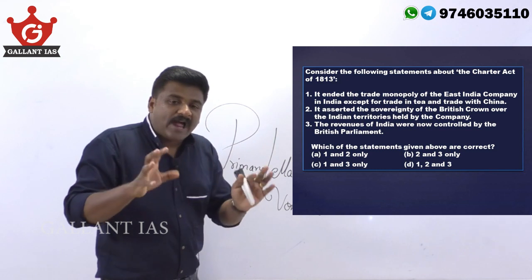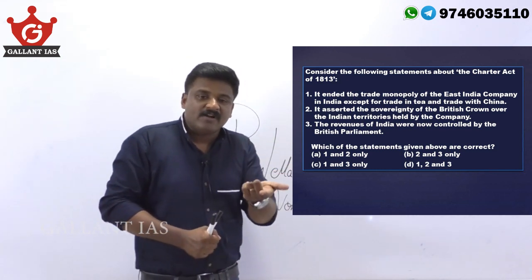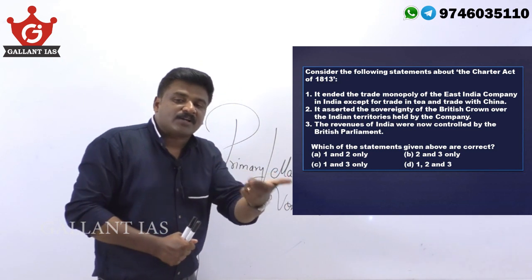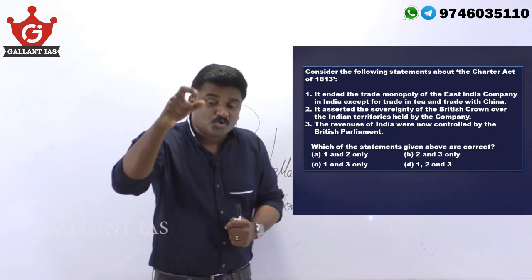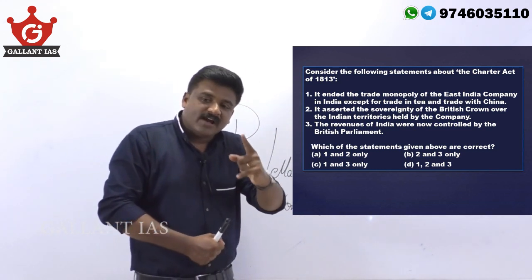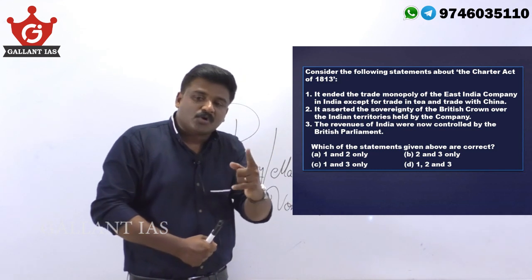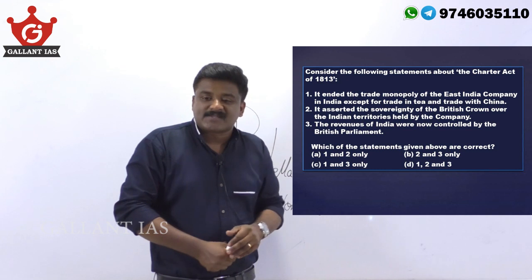That direct control happened only with the Government of India Act 1858. You know, transfer of power and the British Parliament's direct control over Indian administration, Indian revenues, etc. is through the Government of India Act 1858. You know that it is only after 1858 that the British Parliament got direct control over these revenues and administration of India.